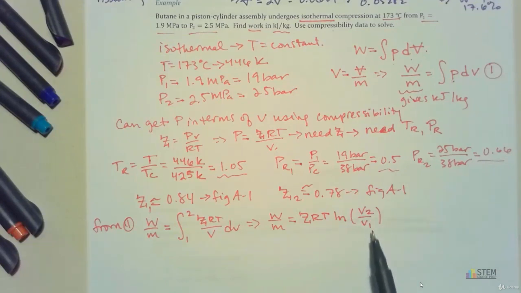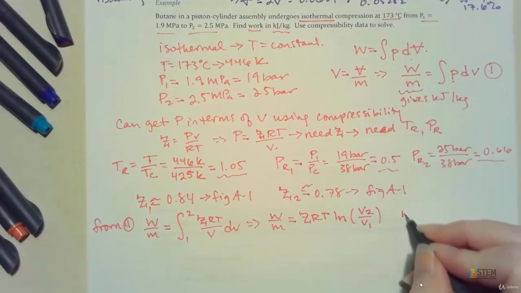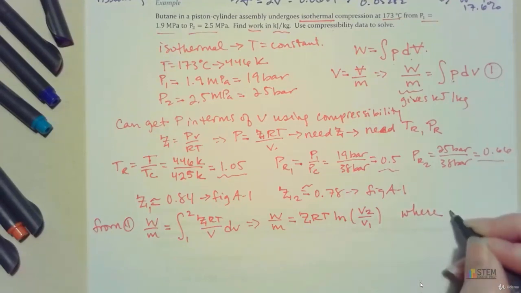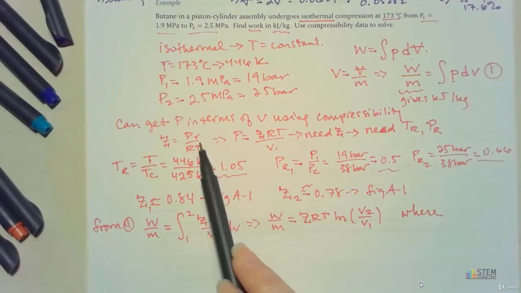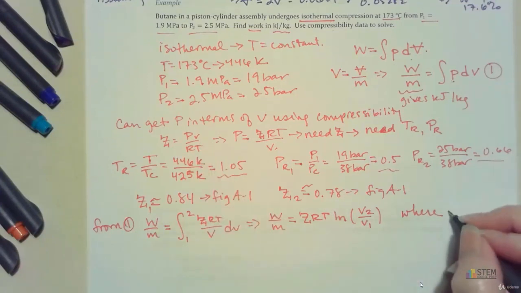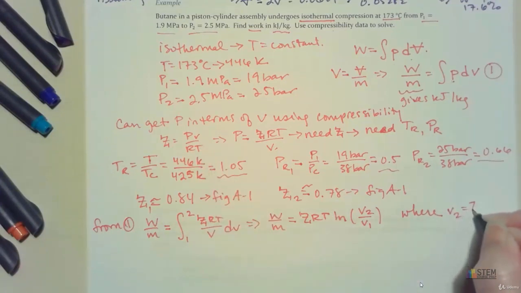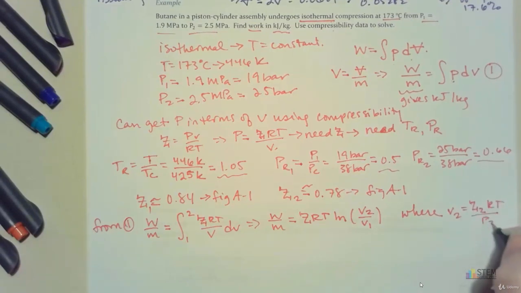Now we've got these specific volumes, and remember, you can use this same equation and solve for V. So we'll put V2 is Z2RT over P2, and V1 is going to be Z1RT over P1.